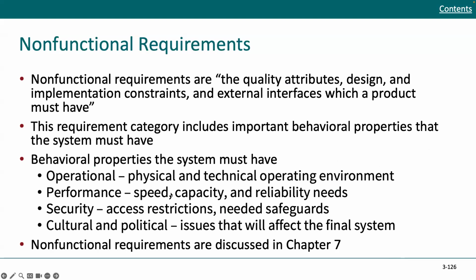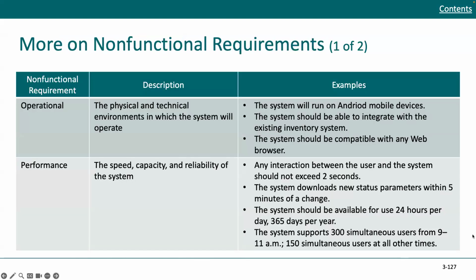For operational, we're dealing with the physical and technical operating environment. For performance, we're considering speed, capacity, and reliability needs. For security, we have access restrictions and needed safeguards, cybersecurity, and all that. And for cultural and political, we're dealing with issues that will affect the final system. We'll come back to non-functional requirements in chapter 7, so you can keep that in mind.